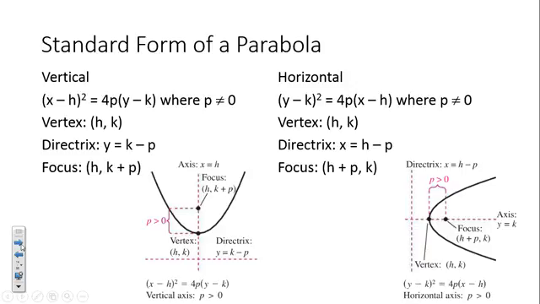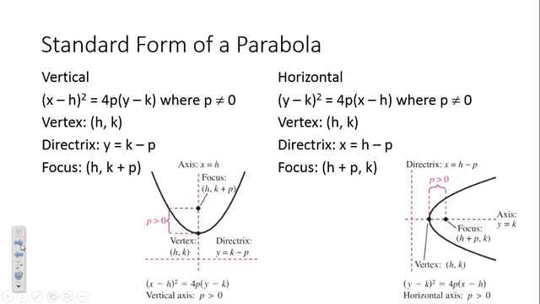So remember that the standard form of a parabola, when it's vertical, is x minus h squared is 4p times y minus k. And when it's horizontal, y minus k is squared, and it's set equal to 4p times x minus h. (h, k) is still our vertex.